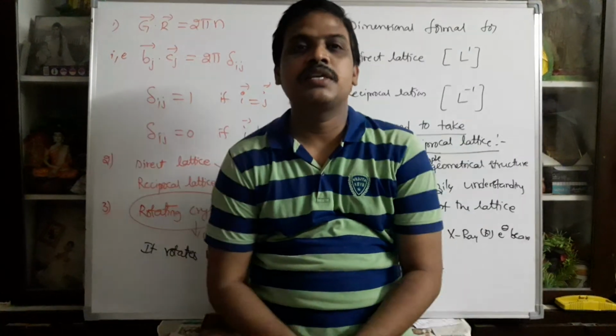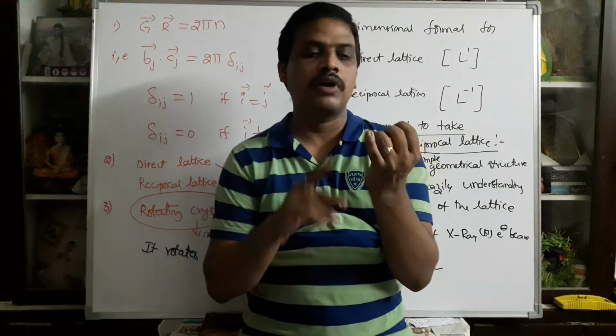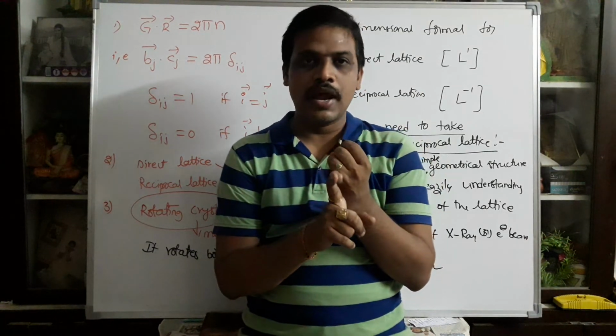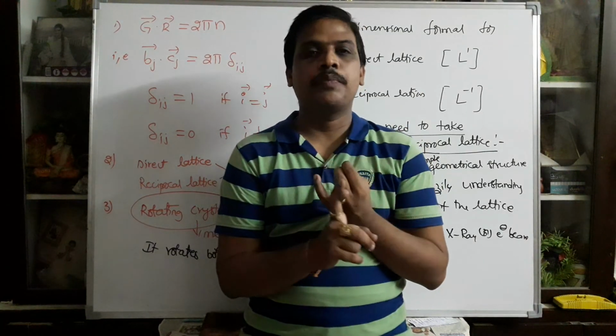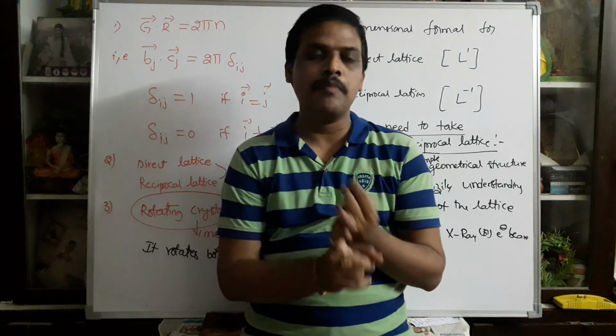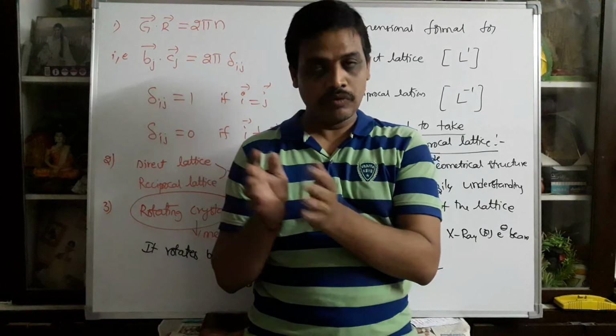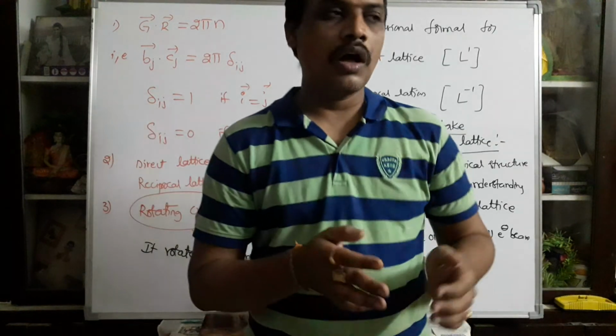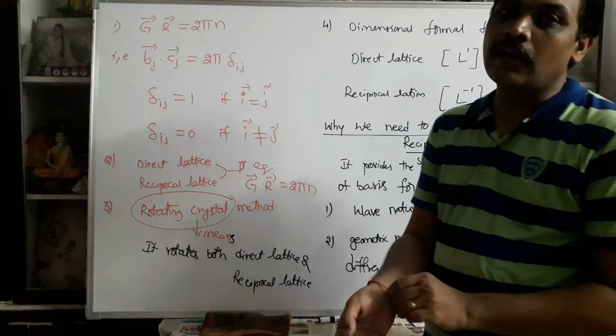Every crystal consists mainly of two lattices: one is the direct or crystal lattice, and the second is the reciprocal lattice. These two lattices have the same importance. One is not large and one small; there is no large or small importance. They have equal importance.